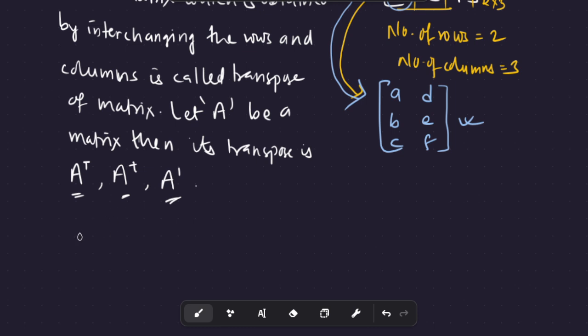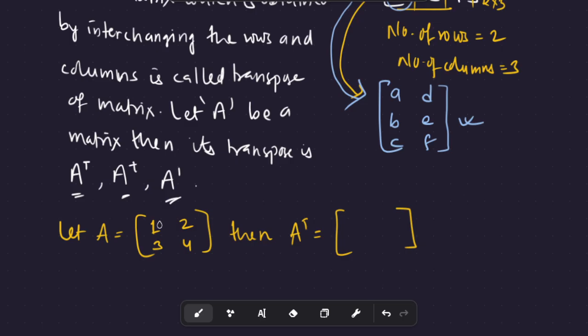Let A equal 1, 2, 3, 4. It is a matrix of order 2 by 2. Now, A transpose, that is A to the power T, can be written as: this row should be made a column. So A transpose is 1, 3 and 2, 4.